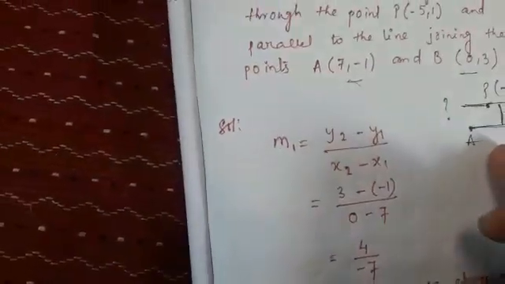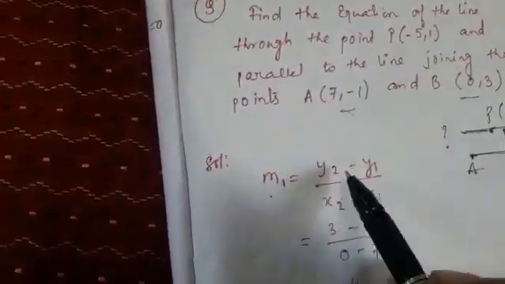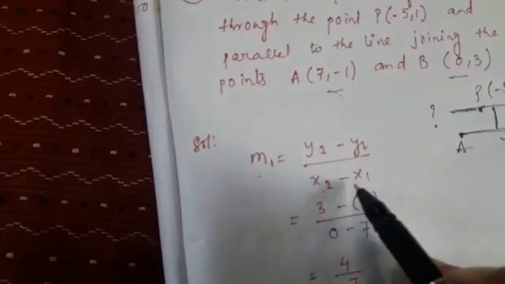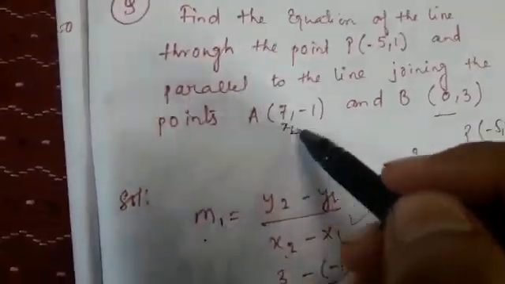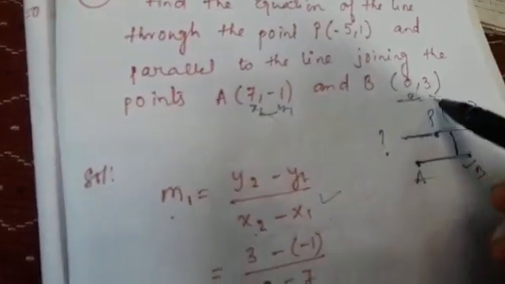We can easily calculate the slope from the 2-point formula, because we know slope equal to y2 minus y1 by x2 minus x1 is the formula for slope. So here this is x1 and this one is y1, and this is x2 and this 3 is y2.